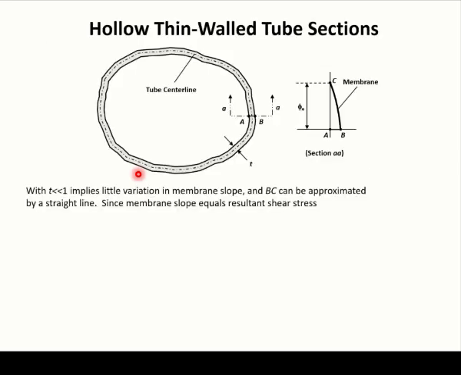All right. So now we also look at a special case where we have very thin walled tubes. So in this case, let's say you have this shape of the cross section. This time what we are assuming is this thickness is very, very small, and then we are looking at a kind of membrane.